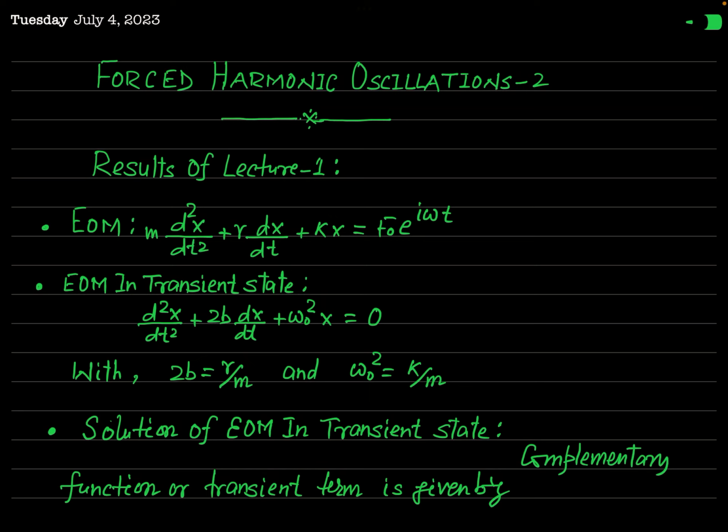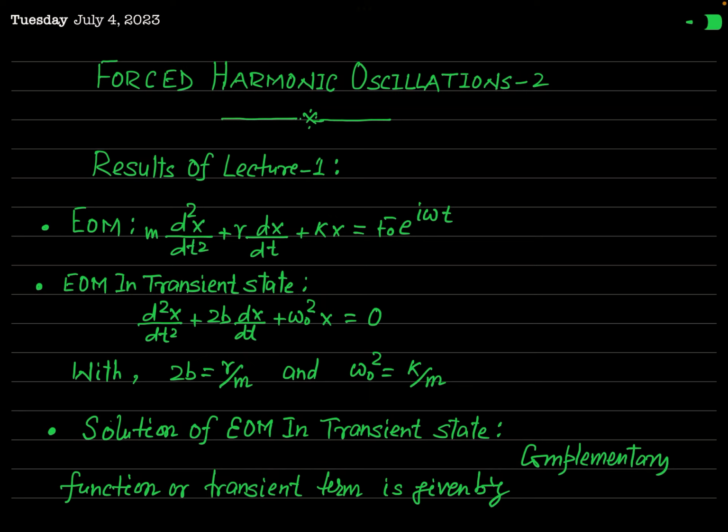But now the problem arises: if our aim is to maintain the oscillation of the oscillator, how can we do it? We have seen in the first part of this lecture that for this we have to apply a periodically varying force, that is a force which varies periodically or harmonically with time. If such a force is applied on the oscillator, then that applied force, or that external agency, compensates the energy loss.